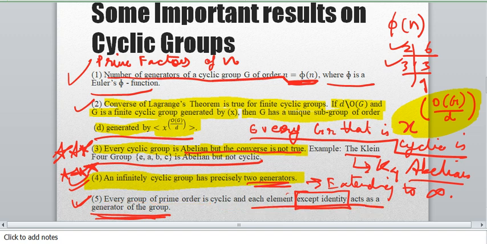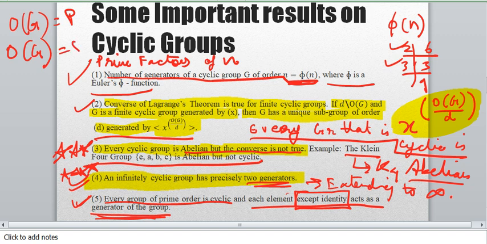A little mathematical example is good. Every group of prime order is cyclic. So the order of the group is prime, P. That means the order of the group is, say, a prime number, say 5.